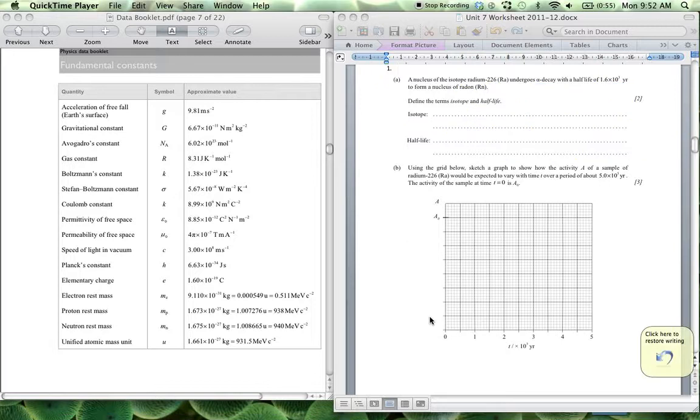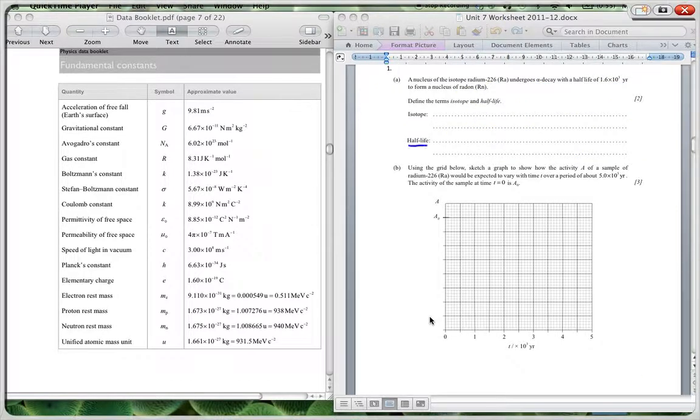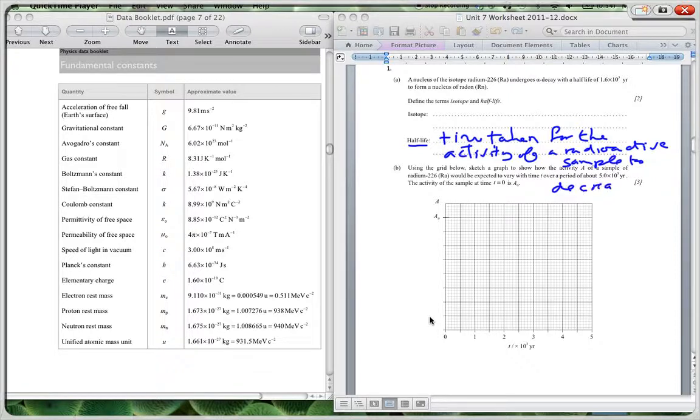And then the half-life, to define this. Now this is the time taken for the activity of a radioactive sample to decrease to half.